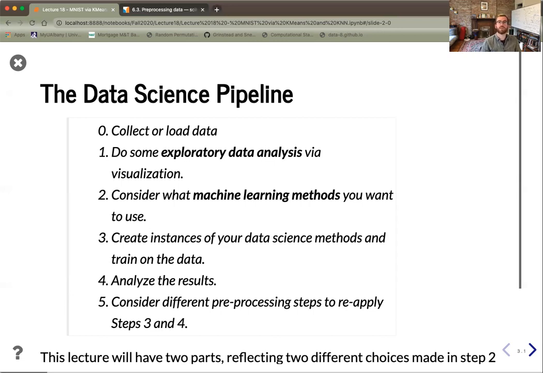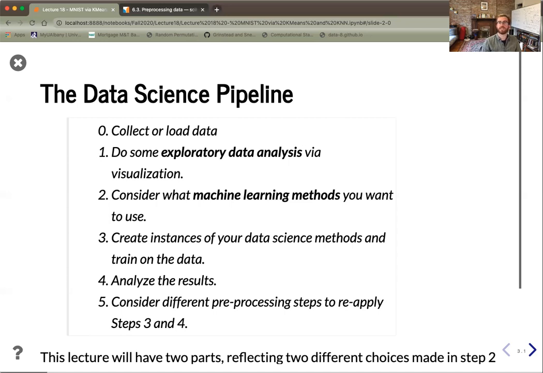And that's what we're going to use to train our data on. And it's what we end up using then to test or evaluate the quality of our methods. That's all part of step 4, which is analyzing the results. And finally, step 5, we'll ask, maybe we missed something really simple and that we should have actually done a little bit of pre-processing to help improve our results.